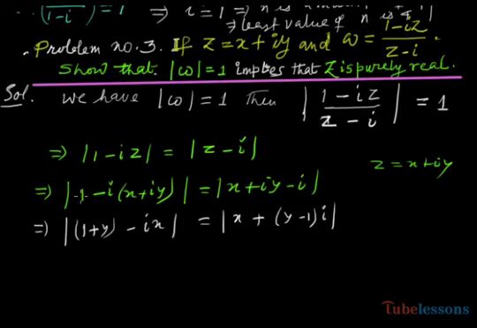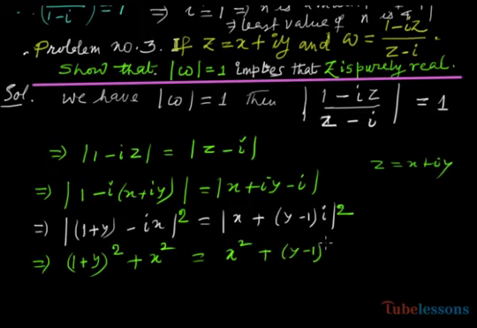Now if you square both sides, you can write (1 plus y) whole square plus x square is equal to x square plus (y minus 1) whole square.